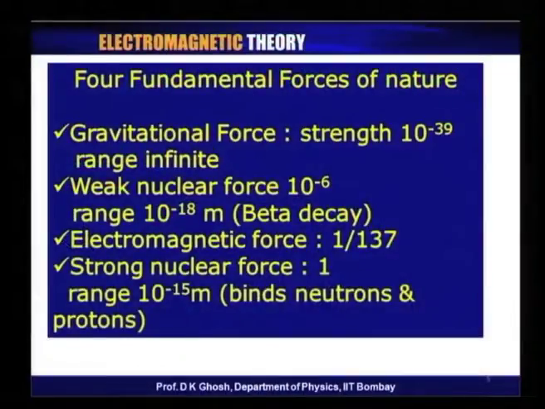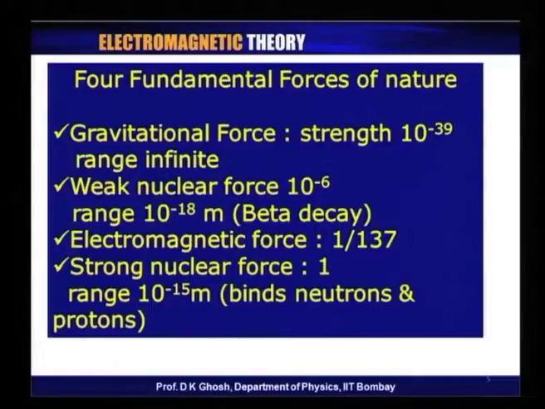So, it is an extremely weak force. The next weaker force, again with which we will not have much to do in this course, is what is known as the weak nuclear force. This is a force which is responsible for beta decay, and it has a fairly small range, 10 to the power minus 18 meters, and it is called the weak nuclear force.